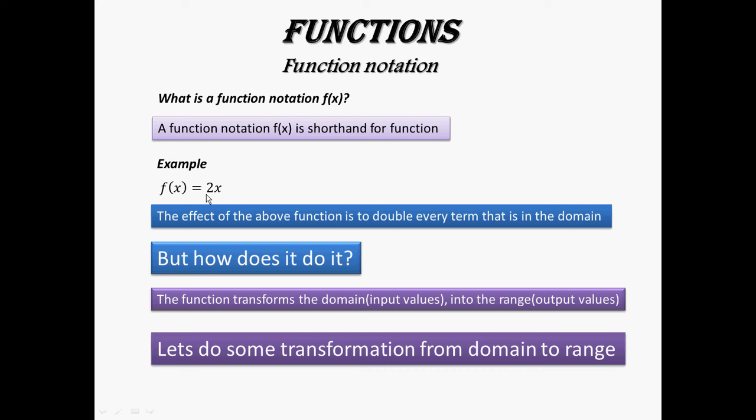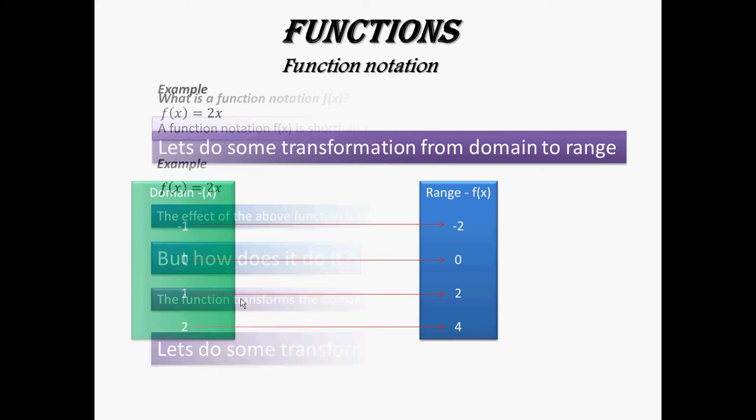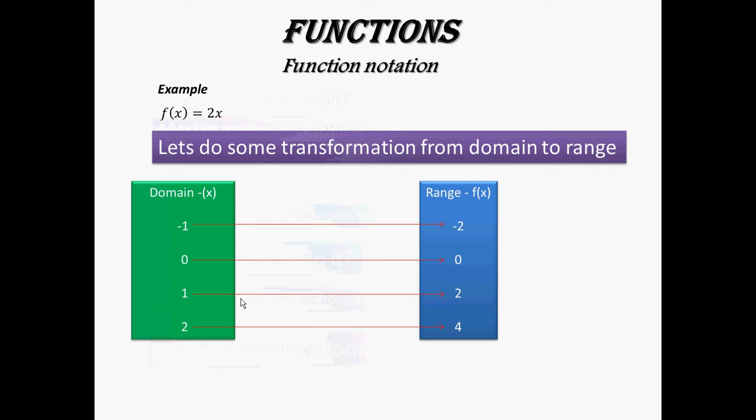But how does it do it? We take every term in the domain and we substitute it for x in the f of x operations. Let's perform some transformations from domain to range so we can appreciate the effect of f of x on the domain terms.